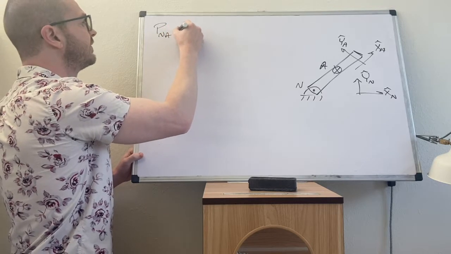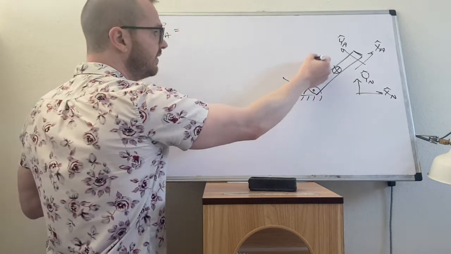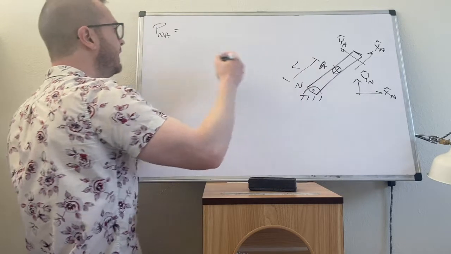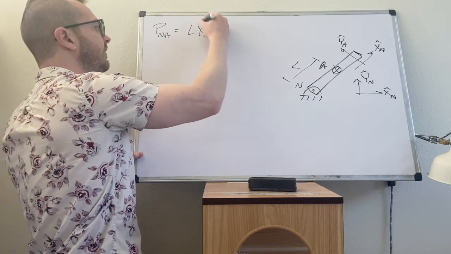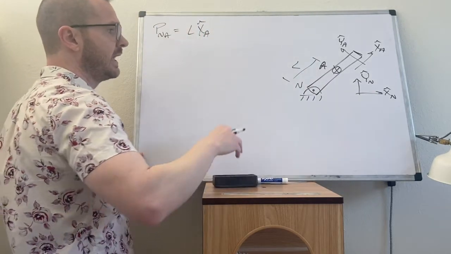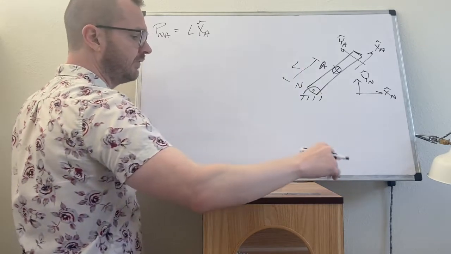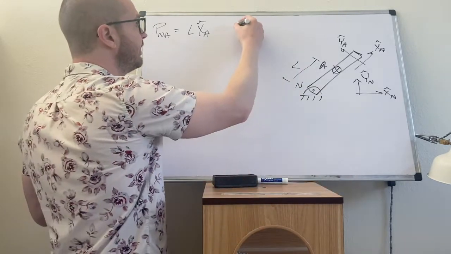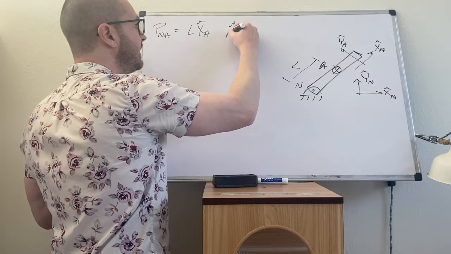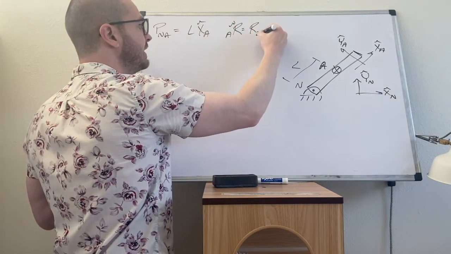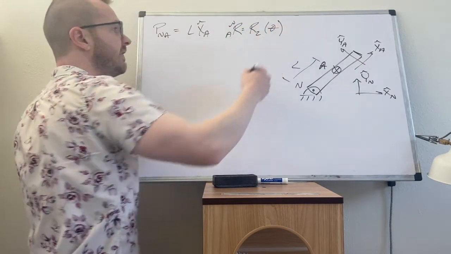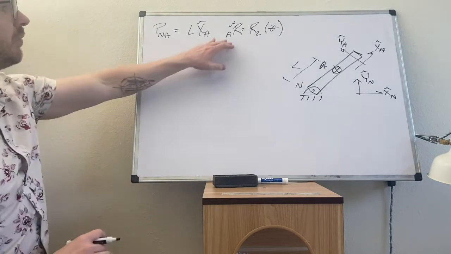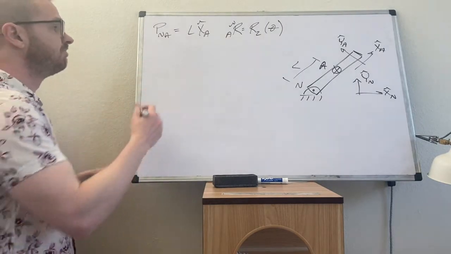So the position vector from N to A, we need some distance. Let's call that L. L in the X hat A direction, and I'm just going to do a fast rotation from N to A. This is a rotation about a shared Z-axis, and the angle is theta. We know how to formally define these rotations by now.